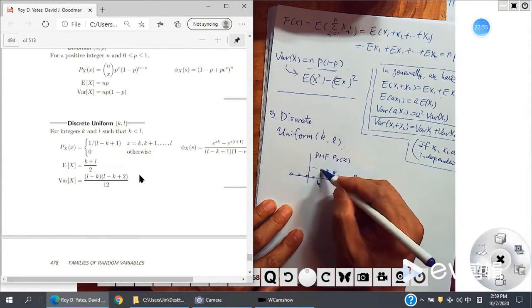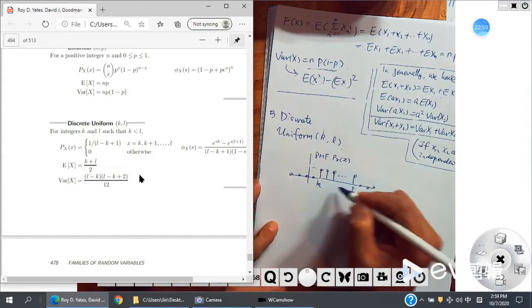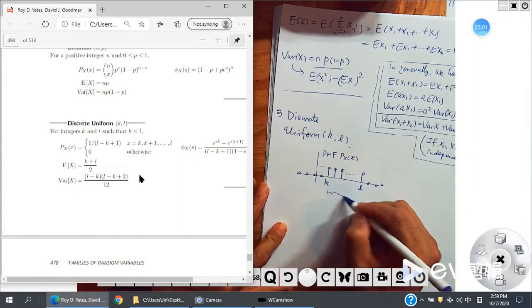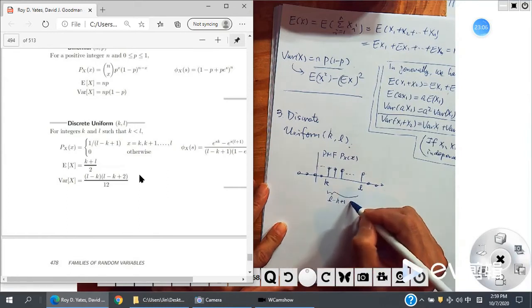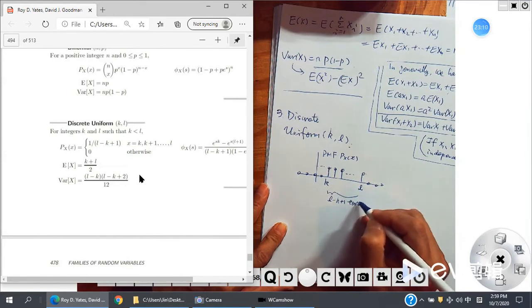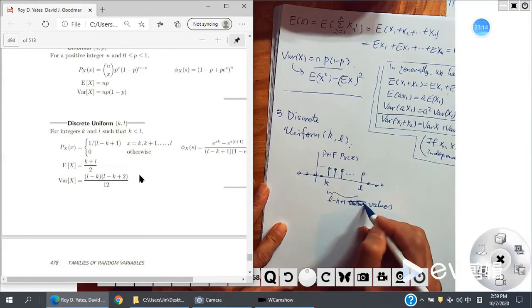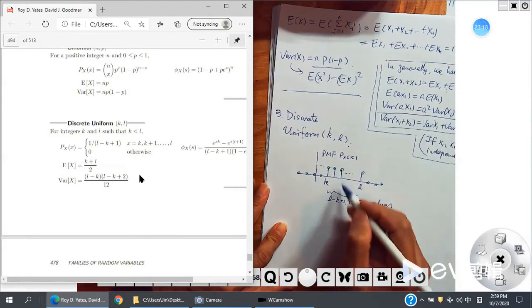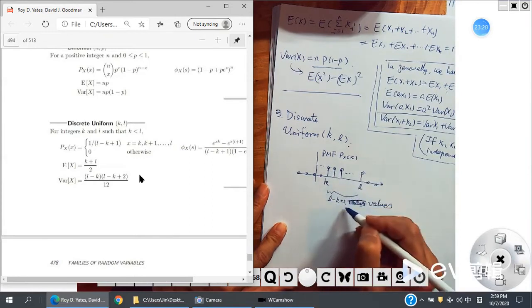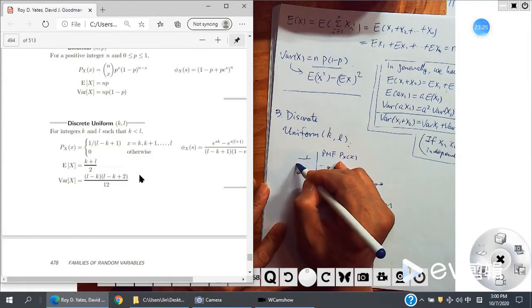We need the summation of them to equal 1. Totally we have L minus K plus 1 values, and they are all the same, so each is 1 over L minus K plus 1.